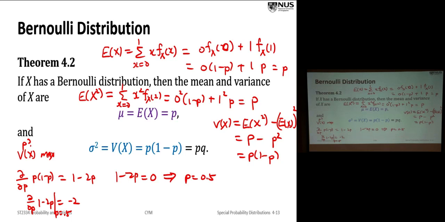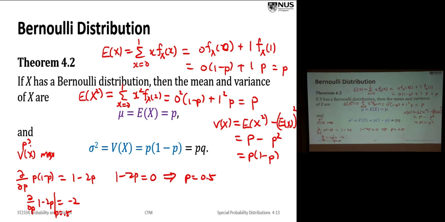Anyway, p equal to 0.5. So in other words, the variance of x for the Bernoulli distribution is at its maximum when p equals 0.5. What does it mean? It means that if your p value is far away from 0.5, then the variation of your x is smaller.